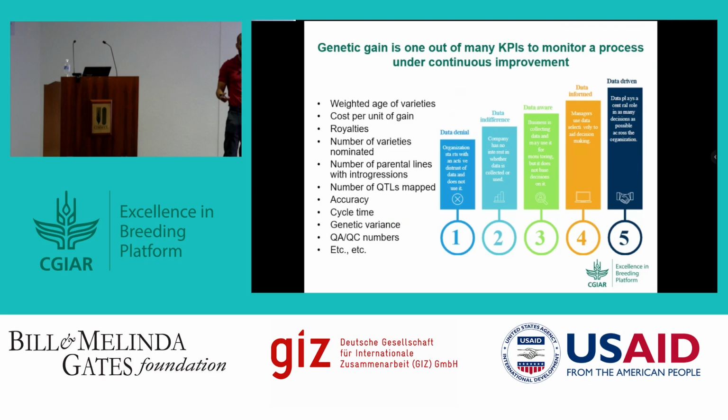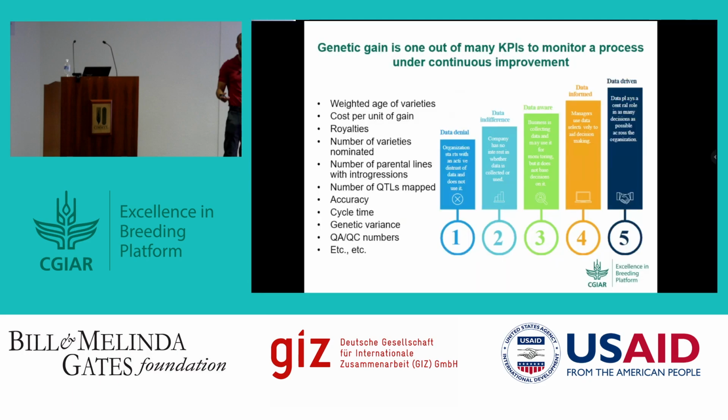Of course, we can start with just ignoring the data. We just trust our gut feeling, and that's how we take decisions. Or maybe we have some data, but we don't use it that much. We're a bit indifferent. Maybe we know that it exists, and we might use it for basing some decisions, but not big ones. Or maybe you start to really use it in the decision-making process.